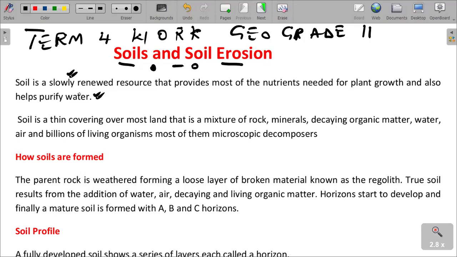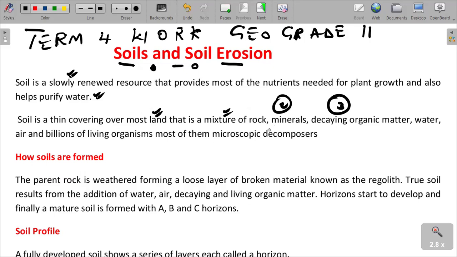We can also talk about many other important functions. The minerals are buried in the soil. We talk about various other resources and important contributions of soil as we go. So soil is basically a thin covering over land that is a mixture of rock, minerals, decaying organic matter, water, air, and billions of living organisms.